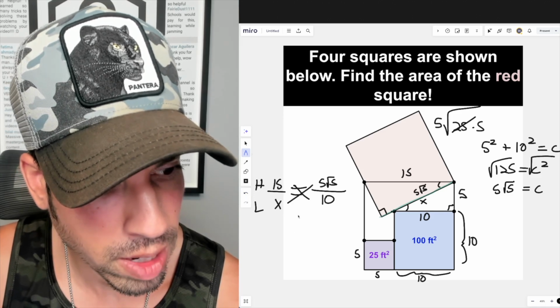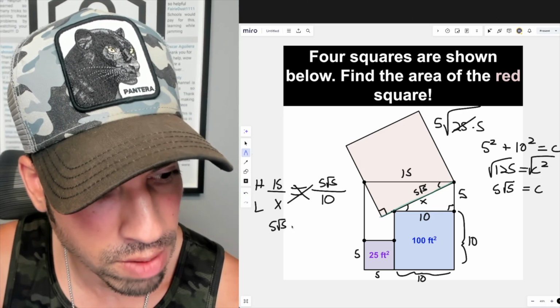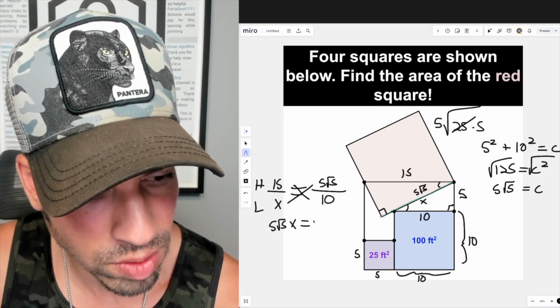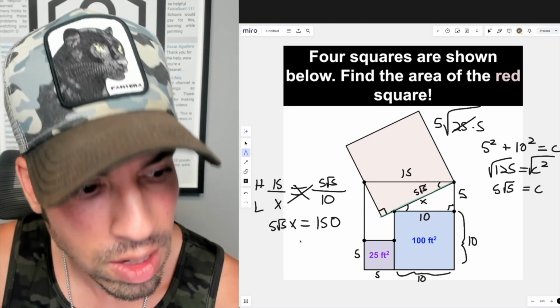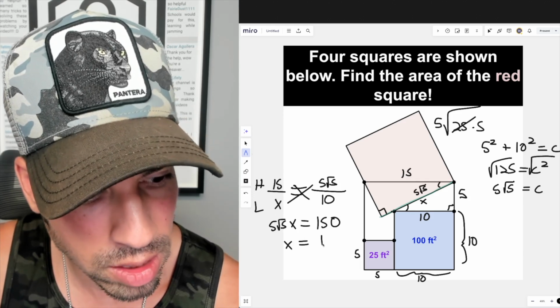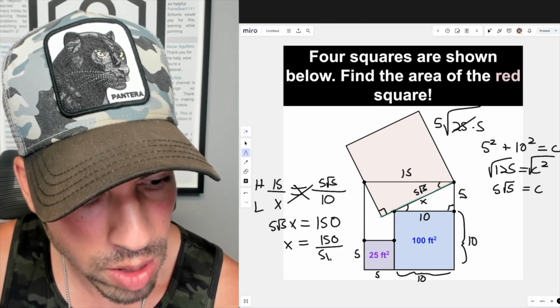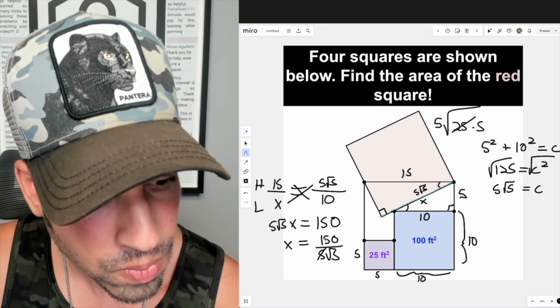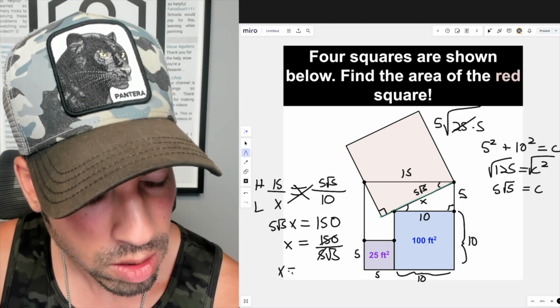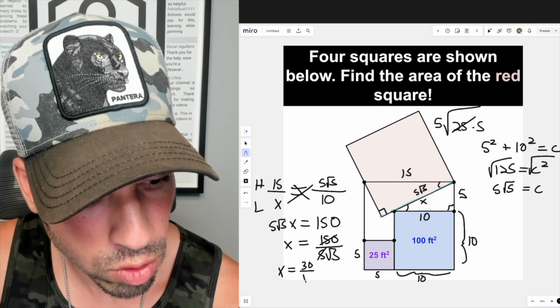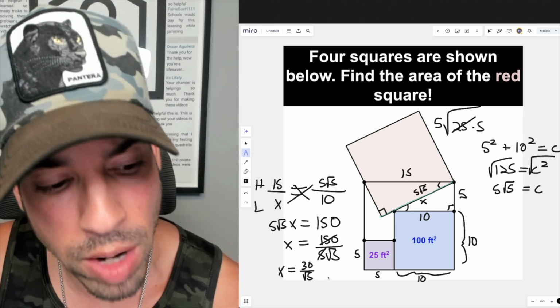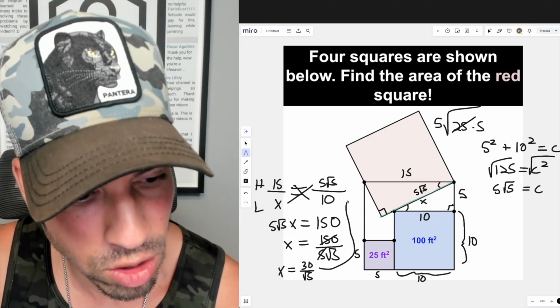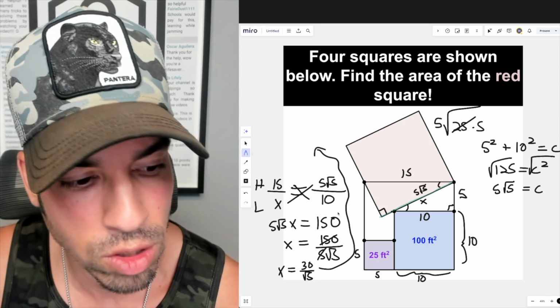So let's cross multiply and solve. We have 5 rad 5 times x equals 10 times 15, which is 150. Now to isolate, we're going to divide both sides by 5 rad 5. 150 divided by 5 is 30. So we're ending up with 30 over rad 5. I'll rationalize the denominator because that's kind of standard in math classes. We don't really need to, but let's go ahead and do that.